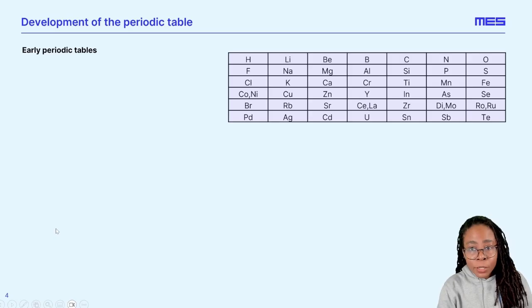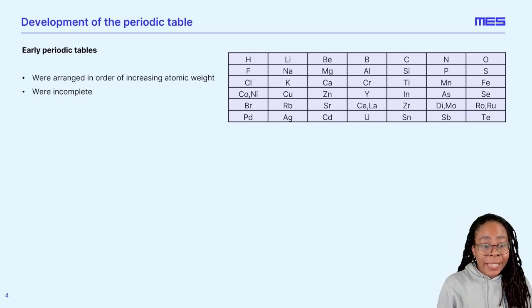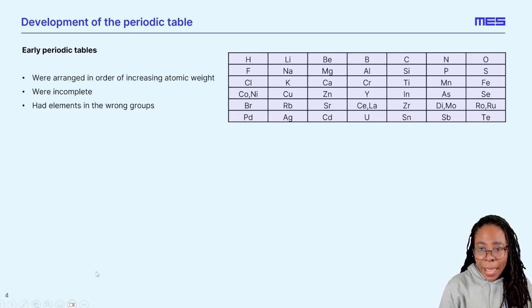Now, looking at the development of the periodic table, early periodic tables were arranged in order of increasing atomic weight. They were incomplete, so not all elements had been discovered yet, and they had some elements in the wrong groups, or sometimes more than one element in the same spot.